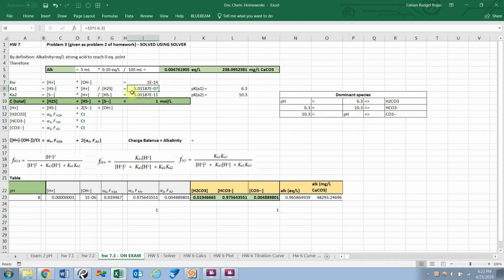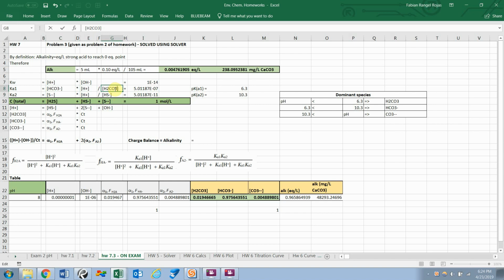So I say that Ka1 is equal to, by definition, and I have the wrong components here. Sorry if this is confusing. This is supposed to be HCO3 times H plus divided by H2CO3.